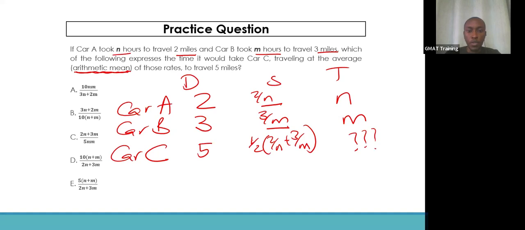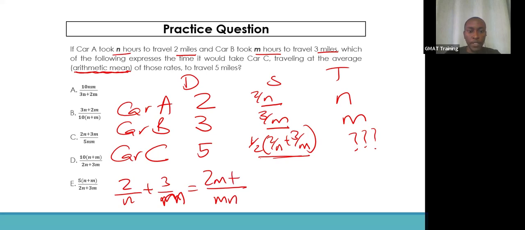Okay, so let's express this in a simpler term. We can have 2 over n plus 3 over m. Let's have the LCM. LCM should be mn. Then that's 2m plus 3n. That's how it should be. Then times a half.